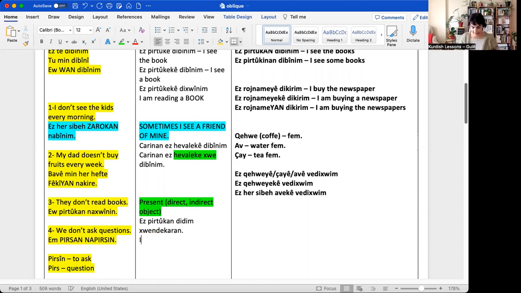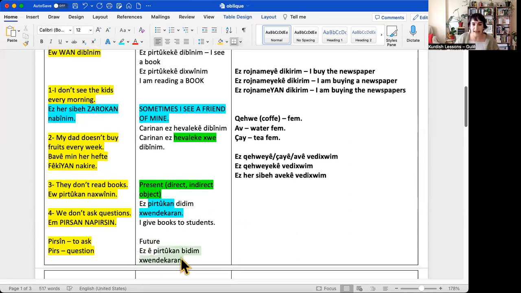It means I give books to students. So you see here, direct object is partuk. I want to use its plural form, so I need partukan. And indirect object is khondekaran, to the students. It's in plural form. So as partukan khondekaran. Same form for future. As a partukan bedem khondekaran.